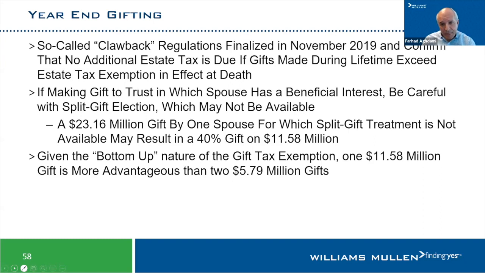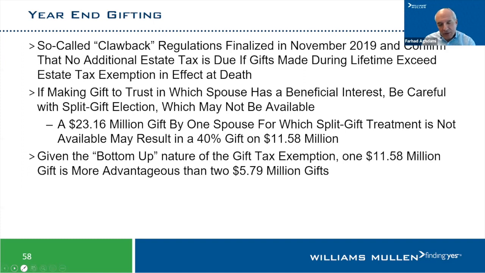And the danger is that if a client says, well, I'm going to put $23.16 million into the trust and I'll have my spouse split the gift, the concern is that the spouse may not be able to elect the split gift, and so now you're paying gift tax on the overage, which is not a good result.